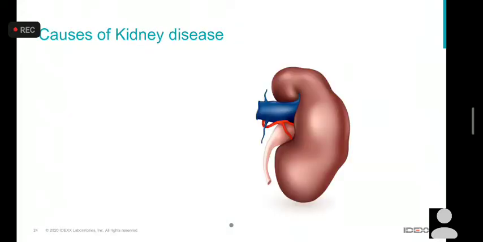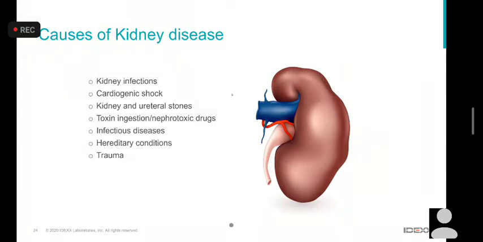So, what can cause kidney disease? Well, there are many ways the kidneys can crash. It can be infection. It could be cardiogenic shock, or decreased cardiac output. If you have a chronic cardiac patient, at some point your kidneys are going to suffer from not getting enough blood flow through.